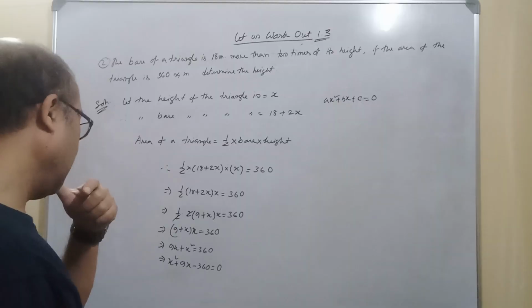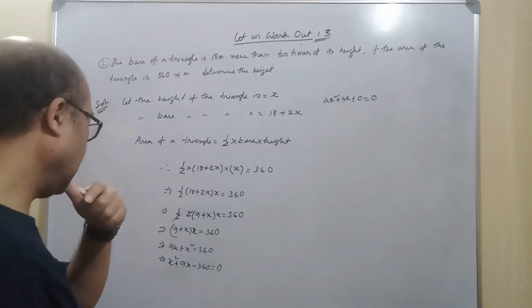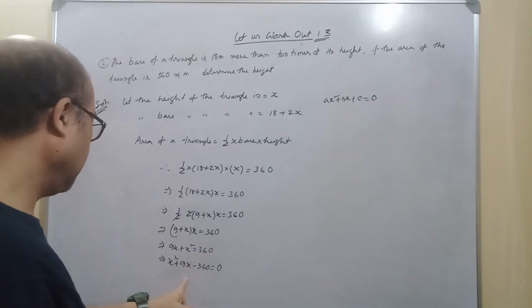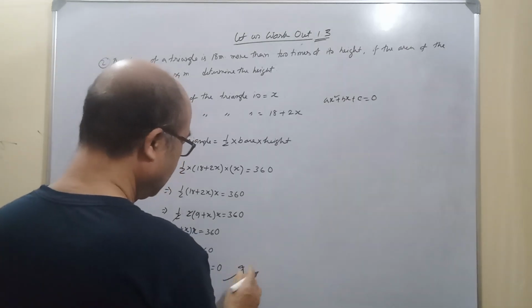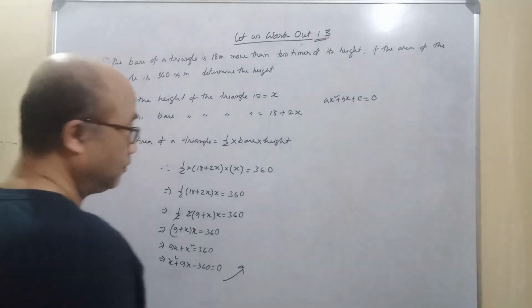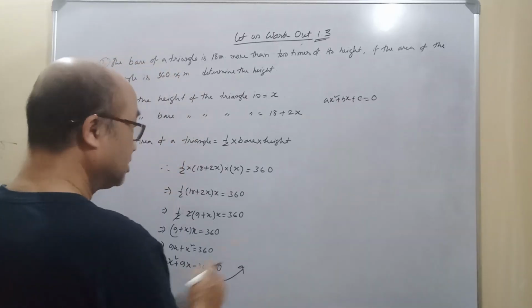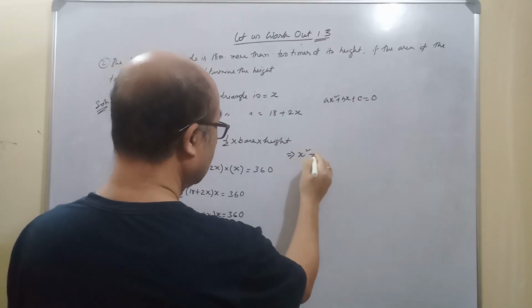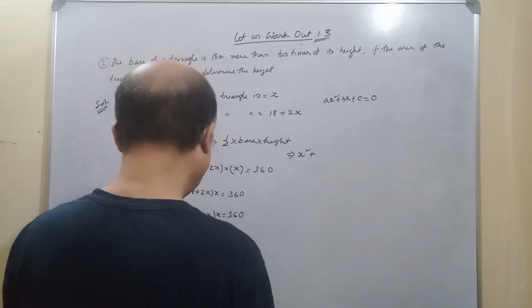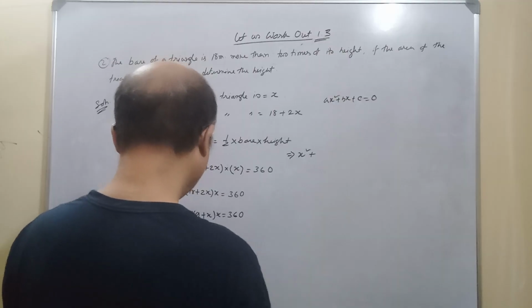So let us solve it by factorization. You can use any method you want. I am using factorization. So this is x square plus 9x minus 360.